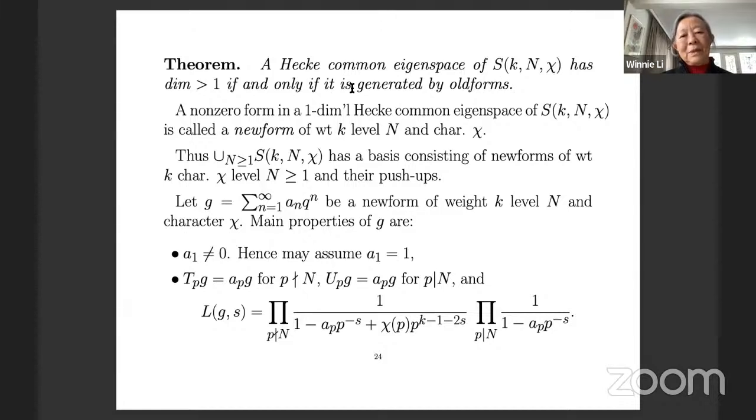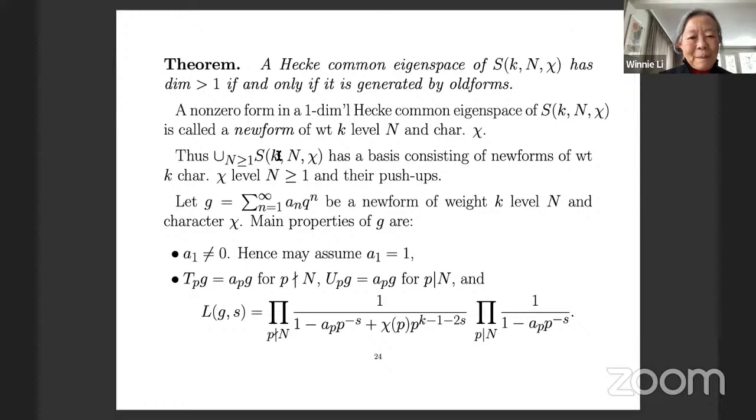So the only thing we have not touched upon are the common eigenspaces which are one-dimensional. The forms in that one-dimensional common eigenspace are not coming from old forms, so they are called a newform.